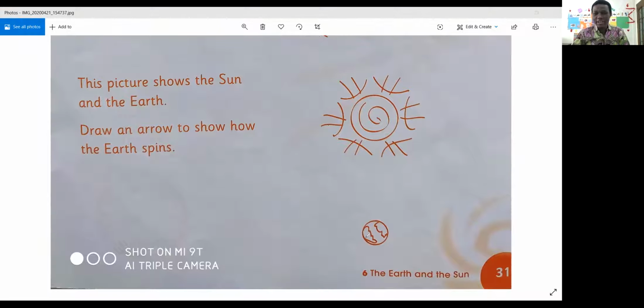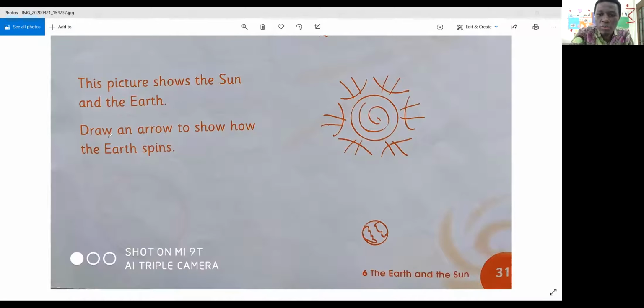The sun here and the earth. Draw an arrow to show how the earth spins. We remember the spin of the earth is what we call the rotation. So they ask us to draw a line to show the rotation of the earth.